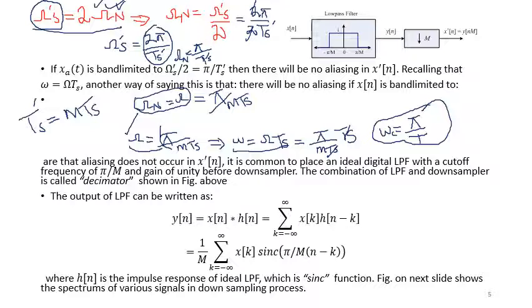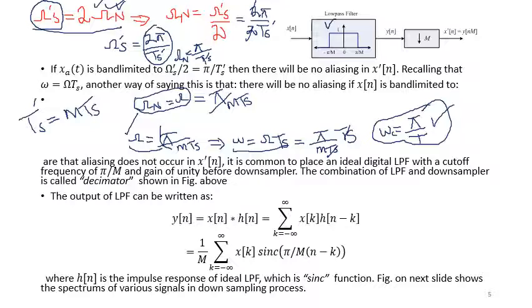If the frequency increases beyond this, then we will have aliasing, right? So to avoid aliasing, we can have the maximum frequency equal to this one. So if I use a low pass filter with a cutoff frequency of this one, then we can avoid the aliasing in the resulting downsampled signal.